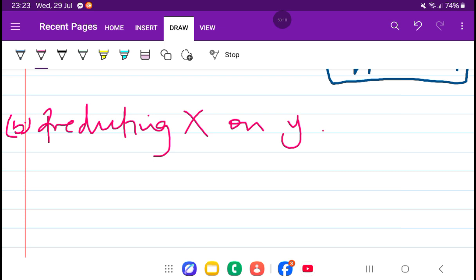If the desired answer is for you to get the x value when they have given you the y, this is like the second regression line, the regression line of x on y.